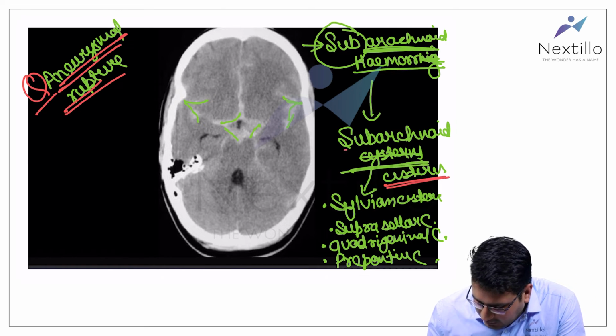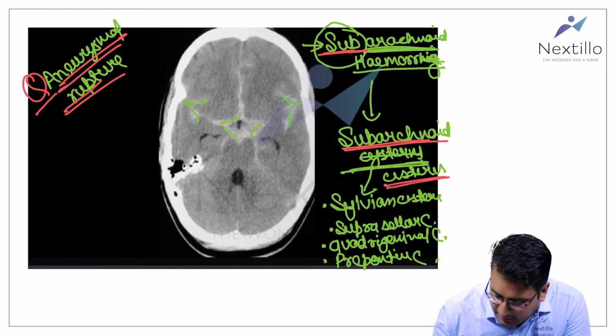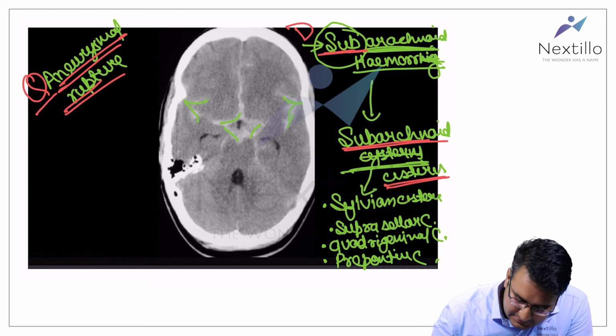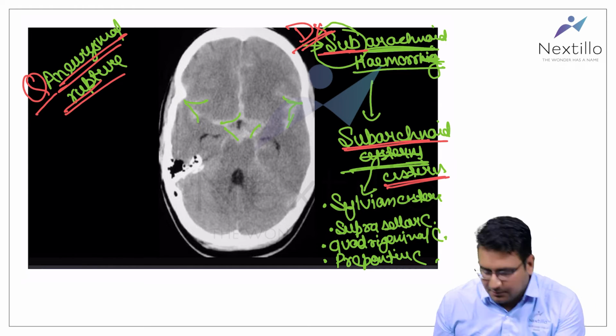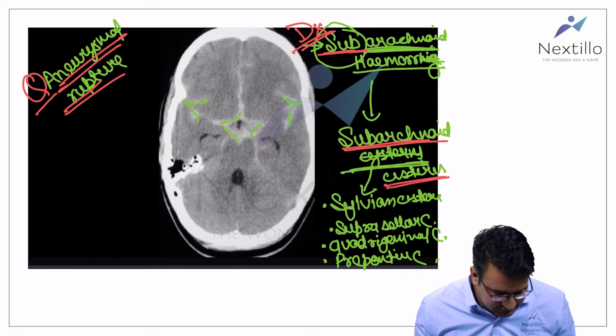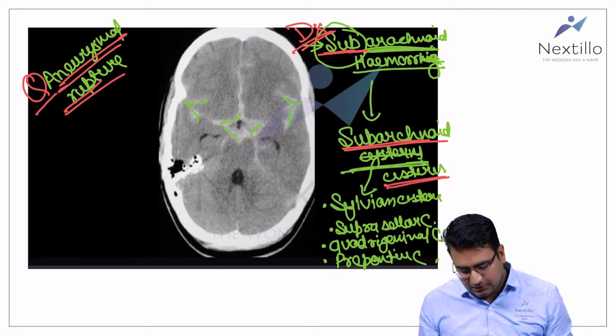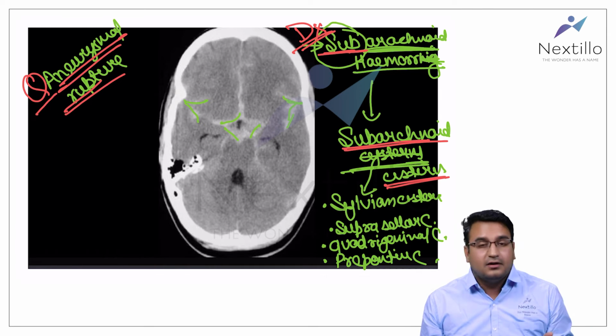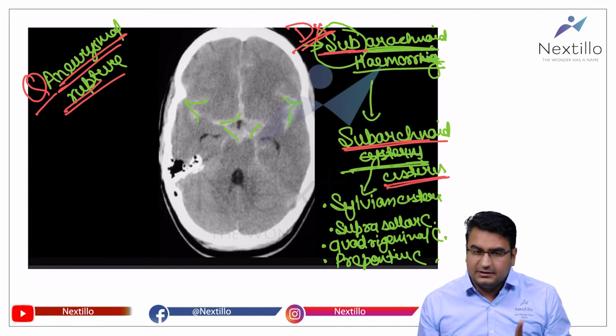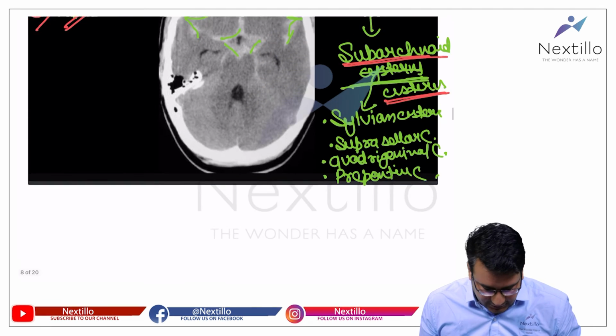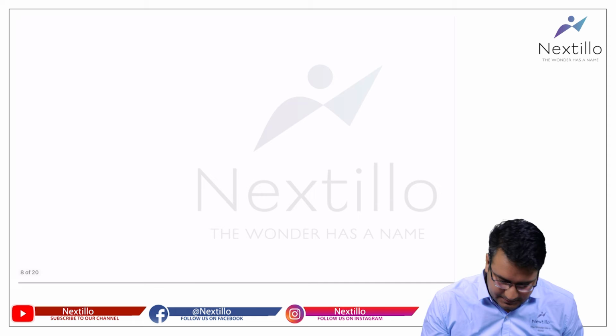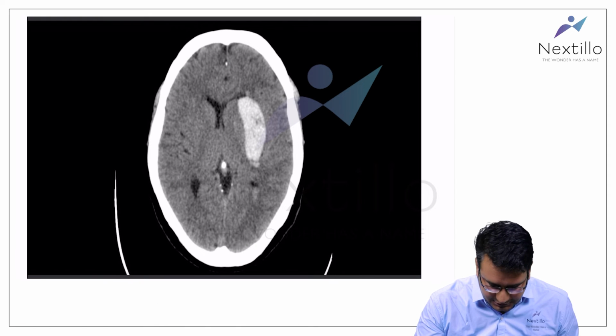Okay, subarachnoid cisterns, and the most important part is diagnosis. Okay, so three types of questions can be asked through this part: aneurysmal rupture, the diagnosis, and the subarachnoid cisterns. They could ask about that. Okay, let's move to the next part. Have a look at this image.